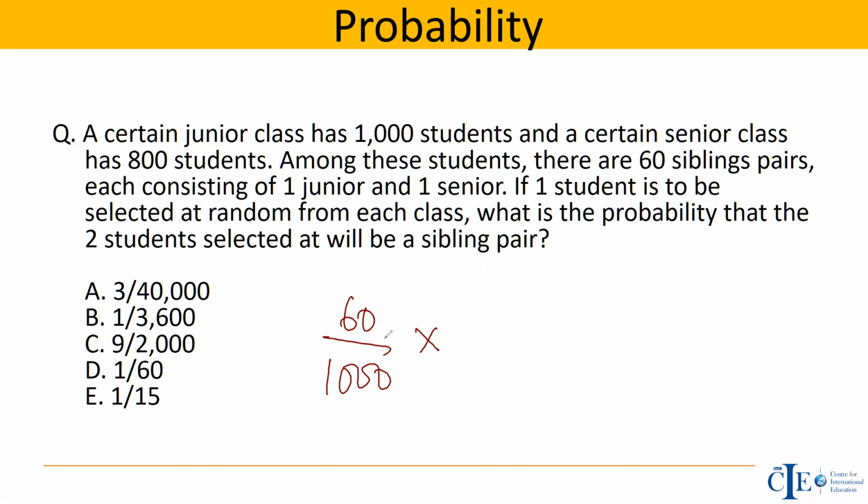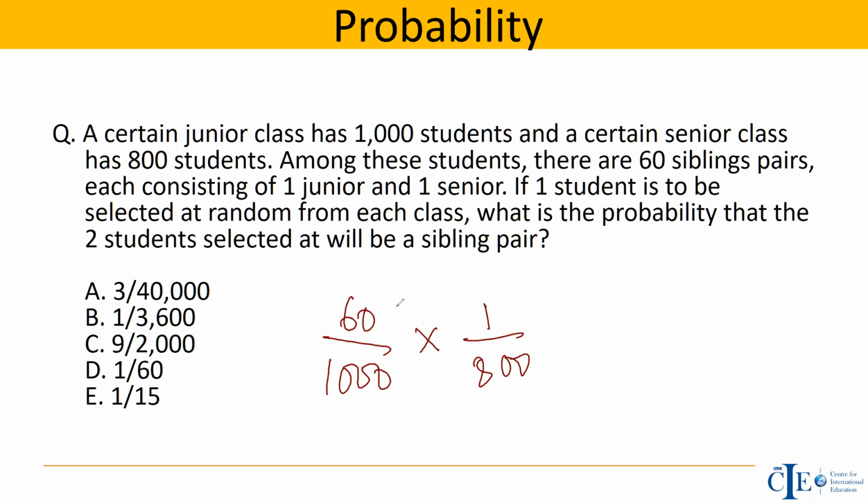So you can get a sibling pair only when you select a junior who has a brother in the senior one. Now, the probability of selecting such a kid is 60 upon 1000. Now, this guy is going to have only one brother in the seniors. So 1 into 800. You cannot multiply this by 60 again, because this is the probability of selecting one junior who has his brother in the senior section, right?